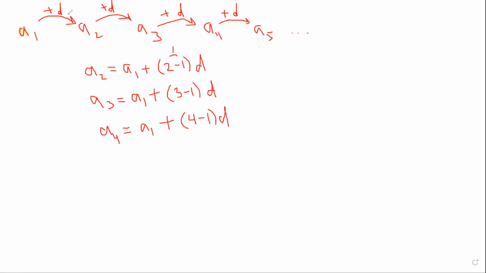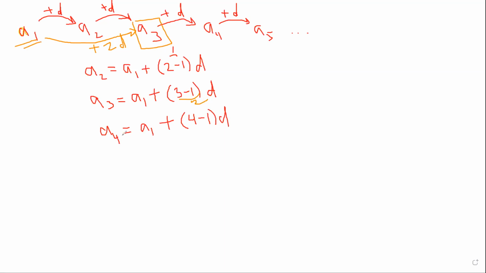Well, here I added 1 D. To get to A3, I added D once, and then I added D once again, so I added 2 D's. That's my third term. That's how I get it. I start with the first, and I add 2 D's, and that's what I wrote here.